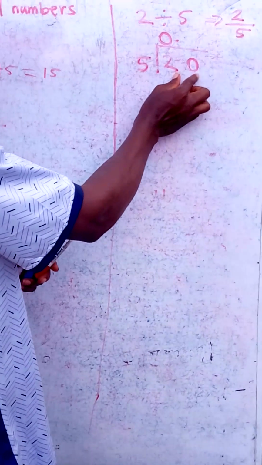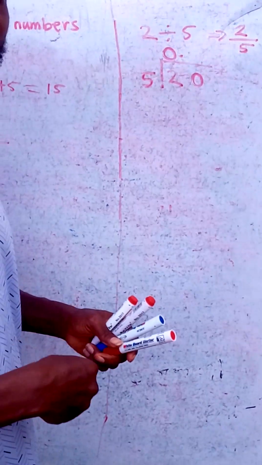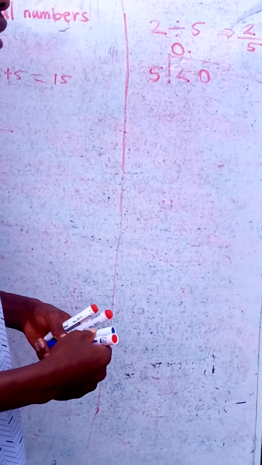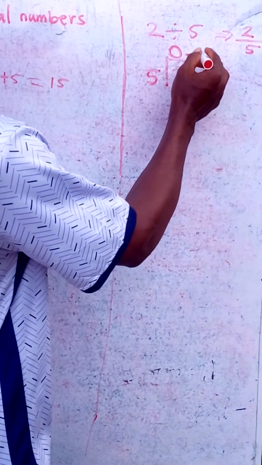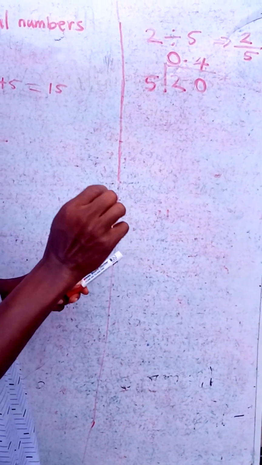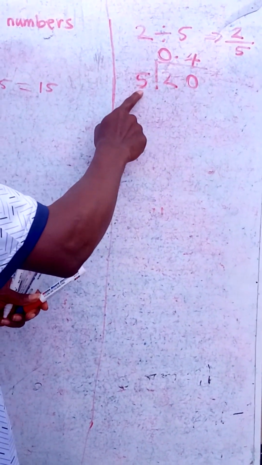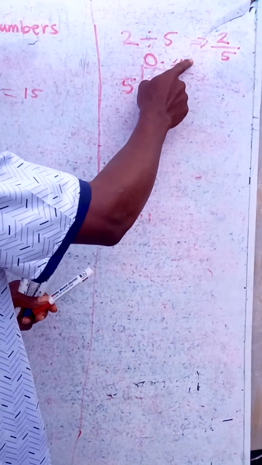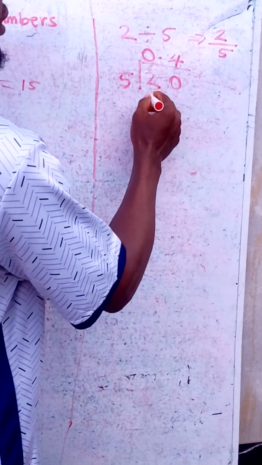So 20 divided by 5, that is how many times will 5 appear in 20. It is 4 times. So we'll write down the 4 here. Next, you use this 4 to multiply 5. So 4 times 5 is 20.